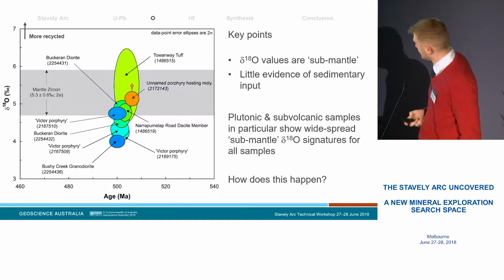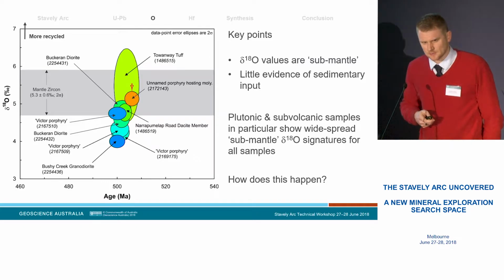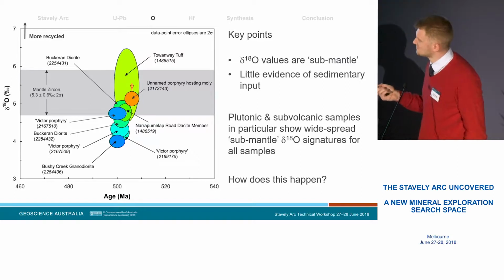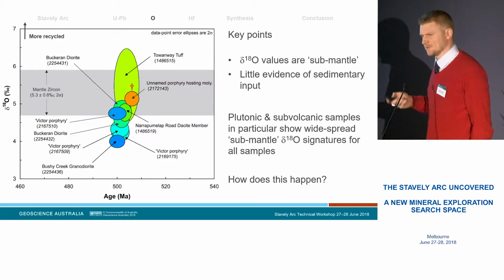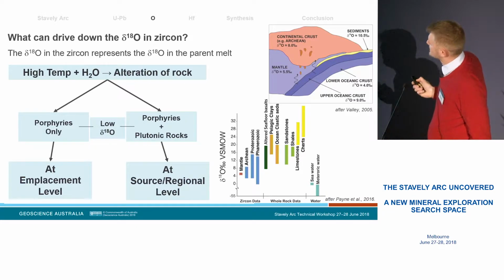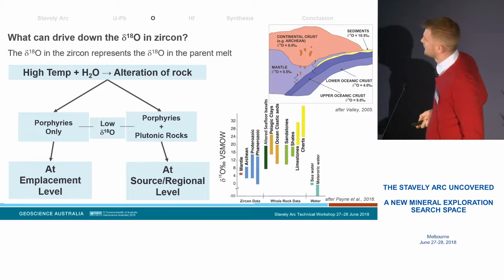And not only is it specifically one sample, it's all samples. It's the porphyries, it's the Mount Stavely Volcanic Complex, more or less, it's mantle-like, but it's also the granites as well. But how does this happen? So as I mentioned, if we're dragging down sediments, we'd be melting sediment, that would drive your oxygen values up, so you'd have higher numbers.